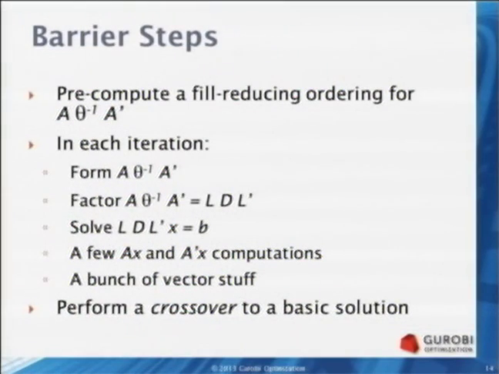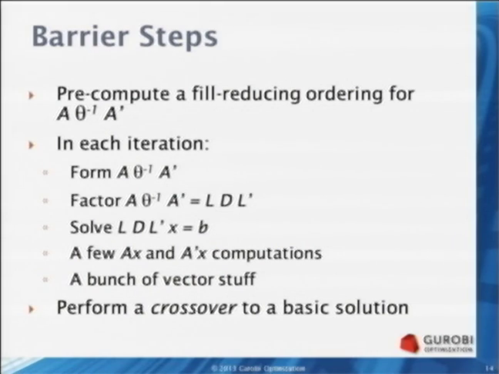These linear systems are solved using a Cholesky factorization and a forward and backward solve. The first step in barrier is to compute a fill-reducing ordering. The matrix that's factored in each iteration has the same structure each time, and so you can pre-compute this ordering once.